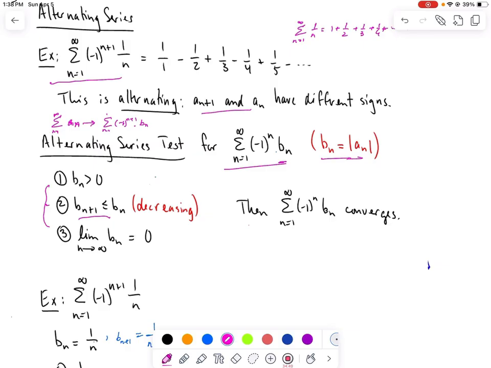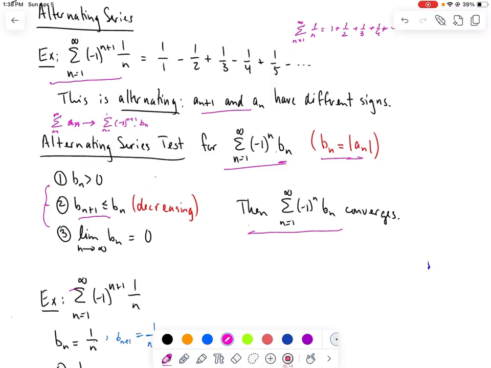And the third is that the limit of b_n as n goes to infinity should be equal to 0. The limit of the general term of the absolute series must be 0. If these conditions are satisfied, then we say that our alternating series converges.